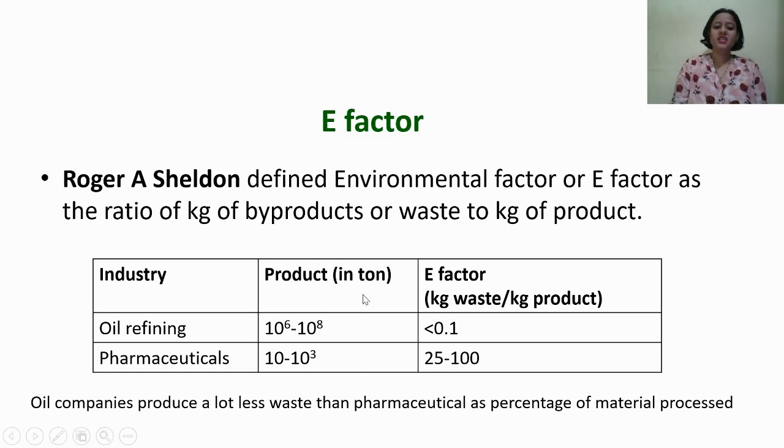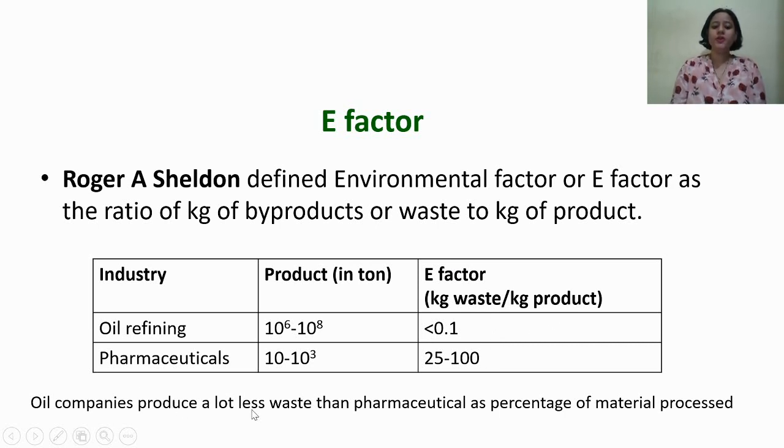Here we can see the production in the oil refining and pharmaceutical companies in tons. Oil refining companies, their production is much larger than pharmaceutical companies. However, the E factor of oil refining companies is much less than pharmaceutical companies. This is because oil refining companies produce less waste compared to the product generated.